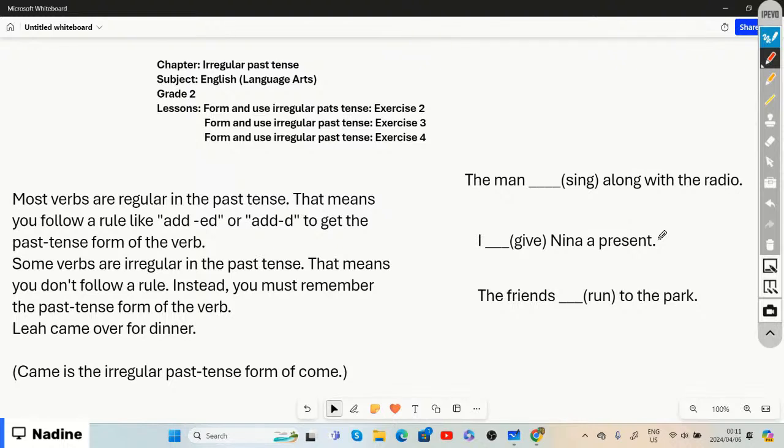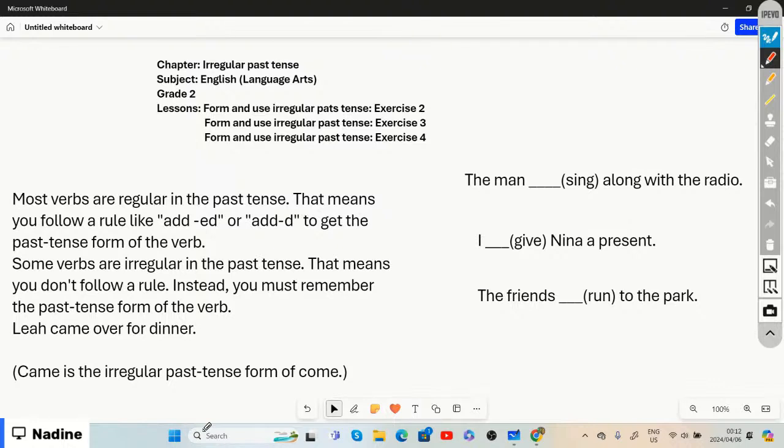So we say the man sing along with the radio.